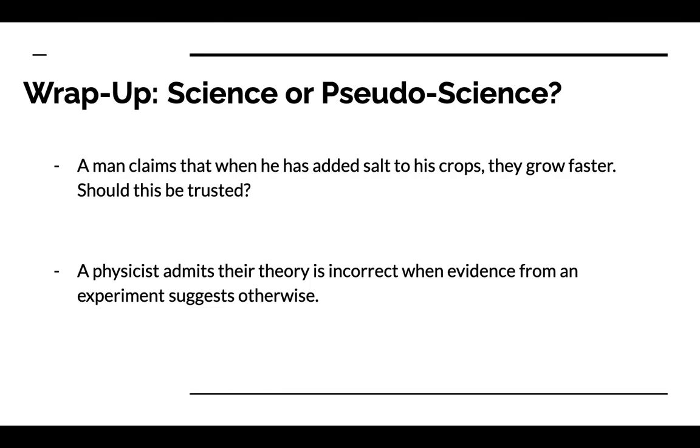When the evidence suggests that their theory is not correct, the physicist concedes, okay, my theory is incorrect, I have to develop a new theory. That's perfectly fine. That's how science works. It's okay to be wrong so long as we recognize that we're wrong when faced with scientific evidence suggesting that we need to pursue another path. And this is the lesson for 1.1, science versus pseudoscience.